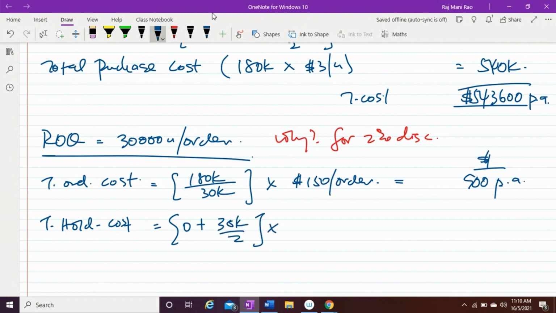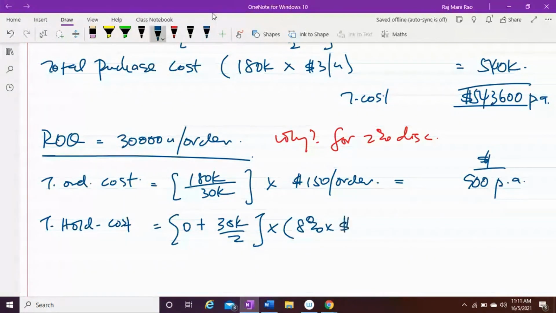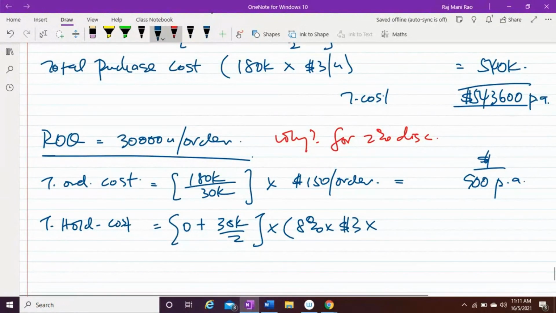30,000 by 2 times what? 8% times $3 times 98%. Why 98%?